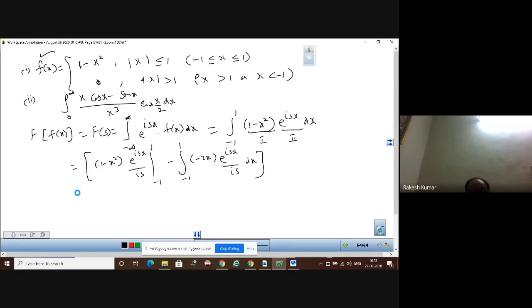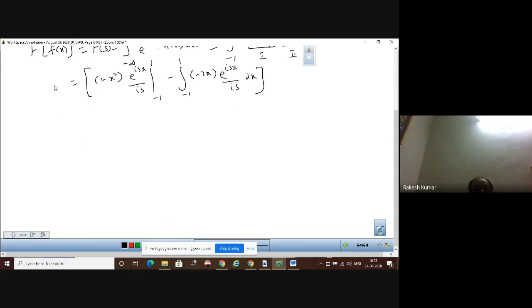Now you can substitute the limits. When you substitute the limit 1, this is 1 square, so 1 minus 1 will be 0. And for minus 1 also, this will be 0 again. So this value will vanish.